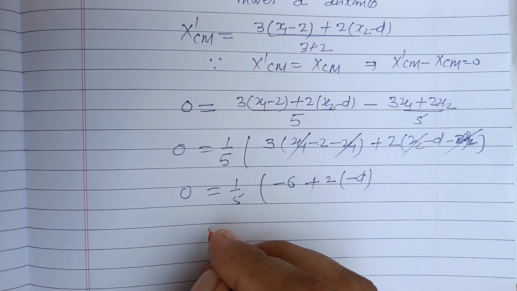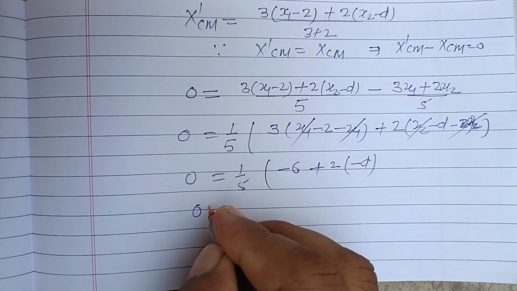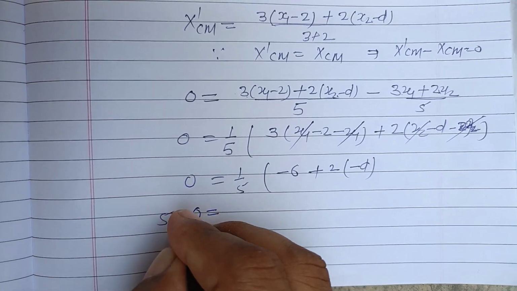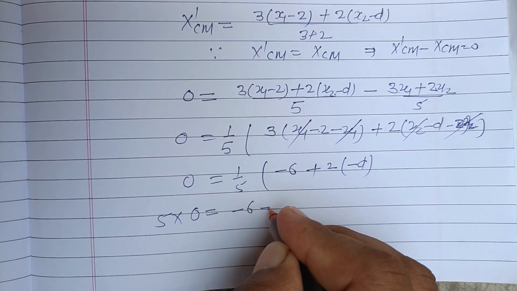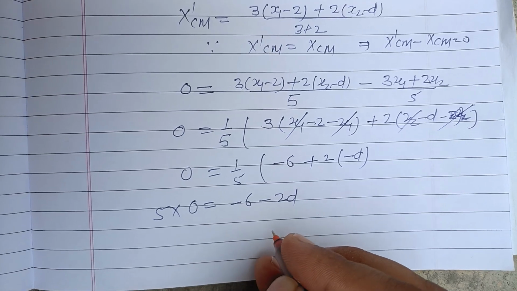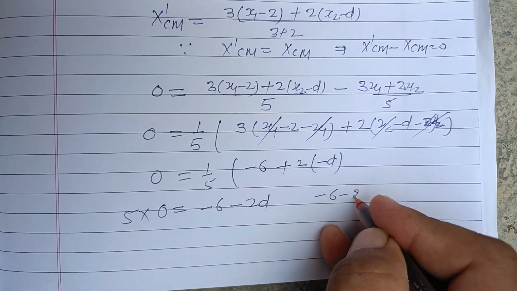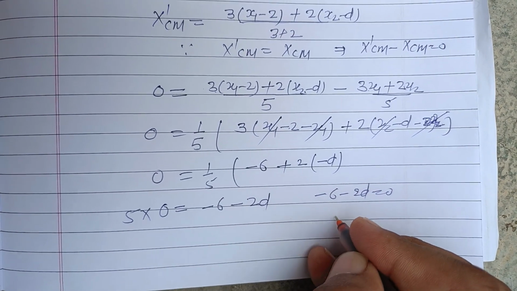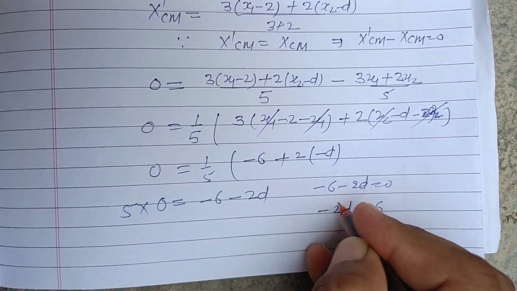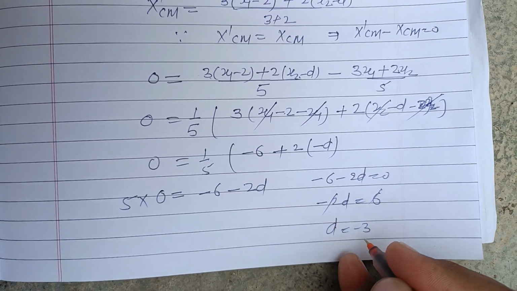Okay, so the 5 is gone in cross multiplication with 0, so minus 6 minus 2d equals 0. Therefore minus 2d equals 6, d equals minus 3.